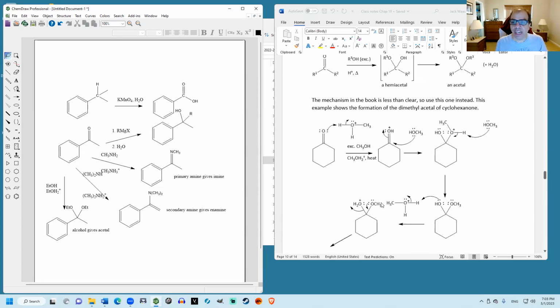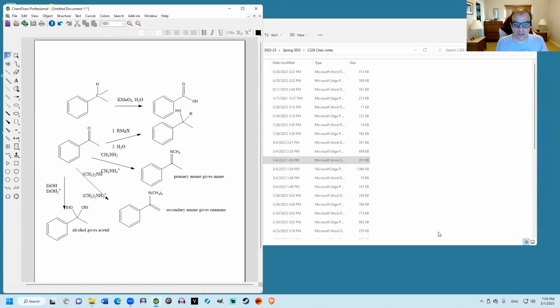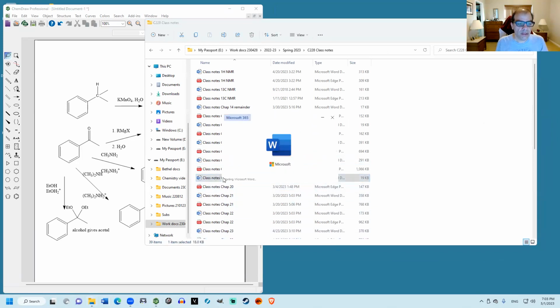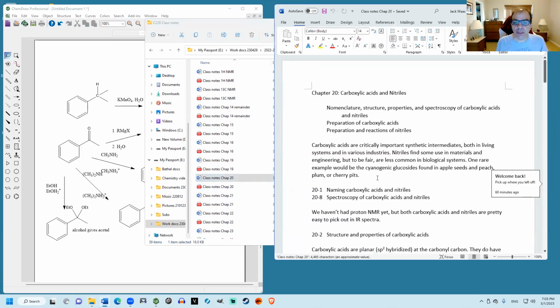But the mechanism of cyanohydrin formation is just the same as the mechanism of a Grignard reaction. So those are the main points in chapter 19. Chapter 20 was a shorter chapter. It was basically on carboxylic acids and nitriles.